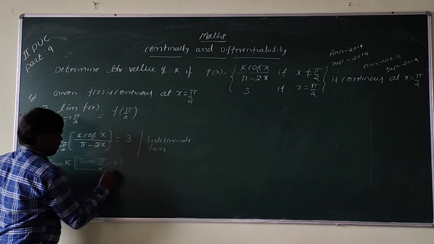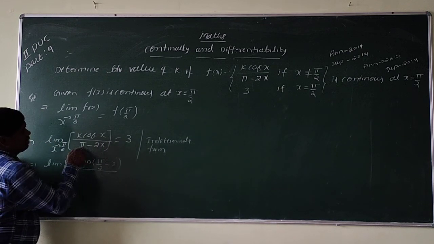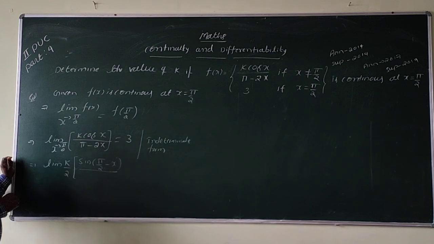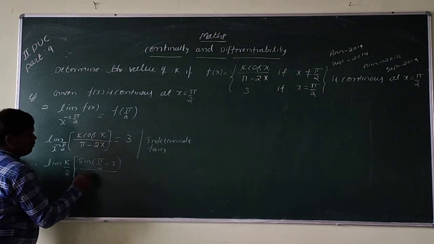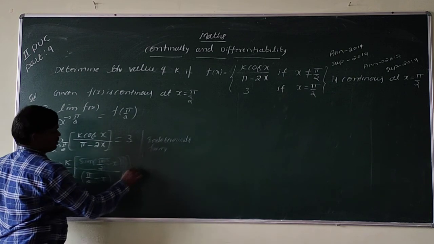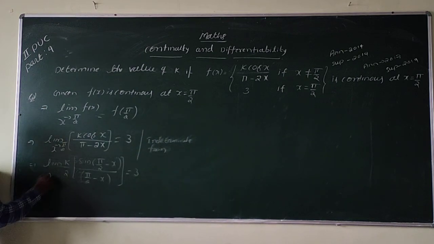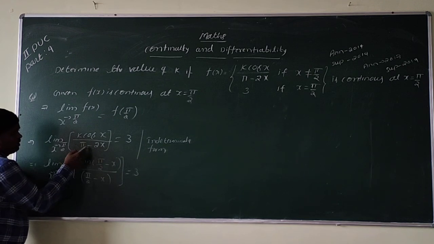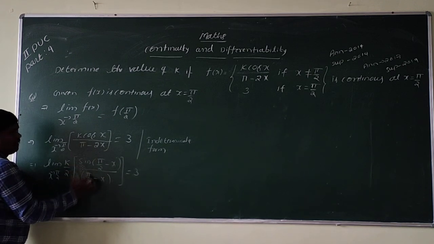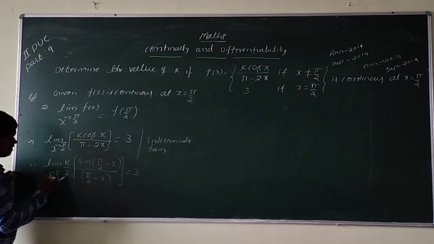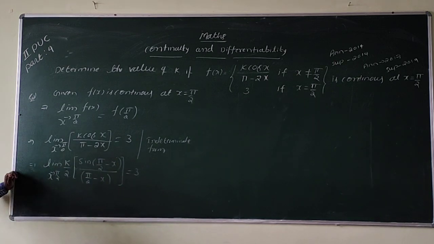Divided by, here I am taking 2 common, so 2 outside, times pi by 2 minus x, which is equal to 3 as x tends to pi by 2. Here k is constant and 2 is common, so we are left with pi by 2 minus x. Again k by 2 is constant, take it outside.